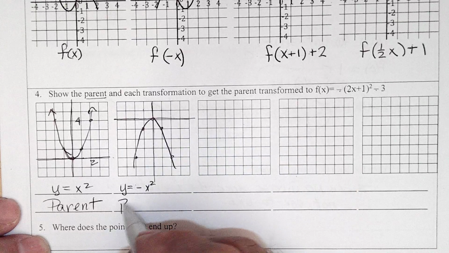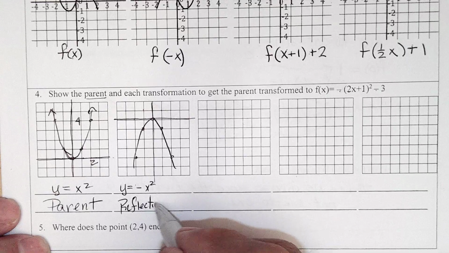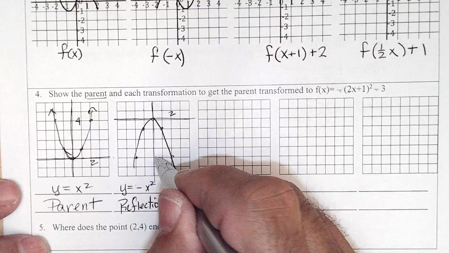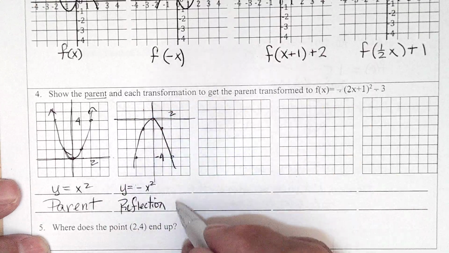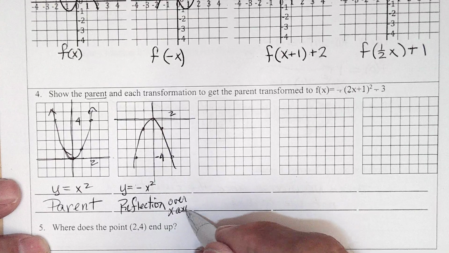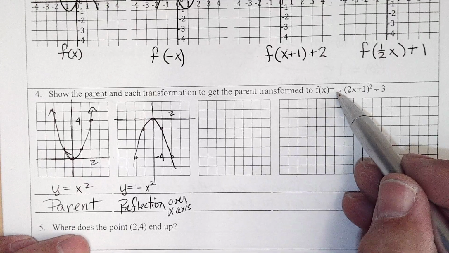So that's a reflection. And you need to tell me whether it was over the x or y. And in this case, it's over the x-axis. Or it's a vertical reflection. Okay, so that takes care of that number on the outside.